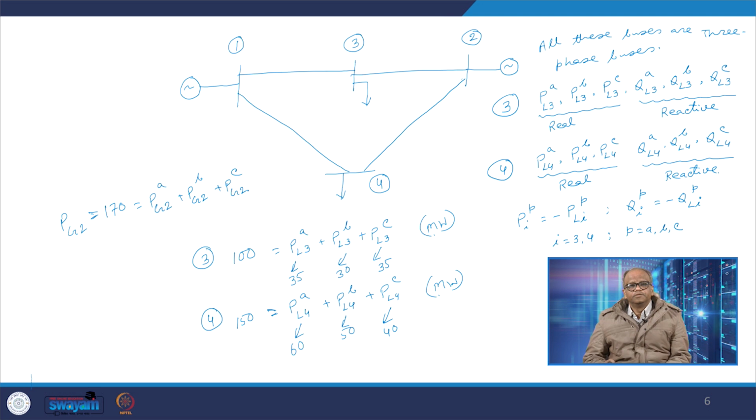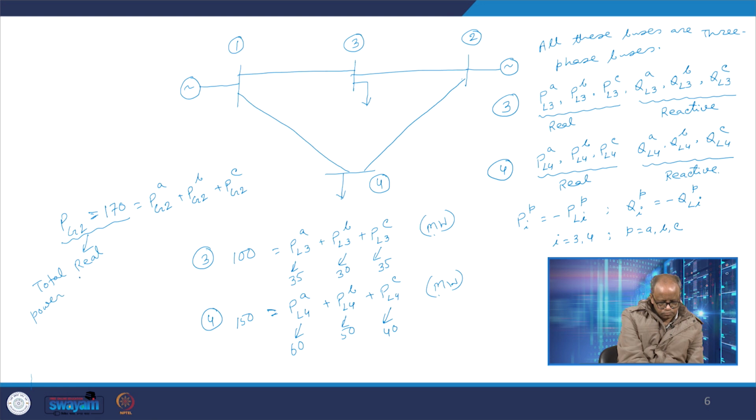Here we said that PG2 is the total real power generation by the generator at bus 2.